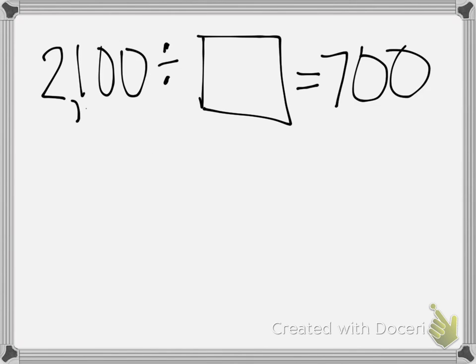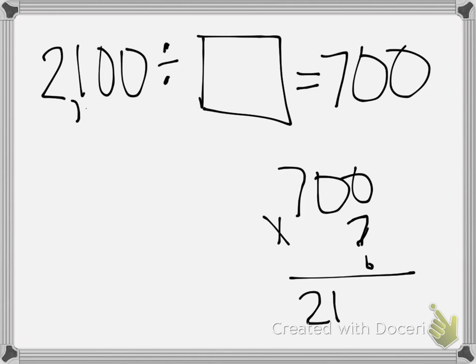Sometimes they'll give you a problem like this. So this one is 2,100 divided by, we don't know, equals 700. So you can do this one by working it backwards. Or, so you can say 700 times what equals 2,100. Or you can use your patterns. So 700 has how many placeholders?